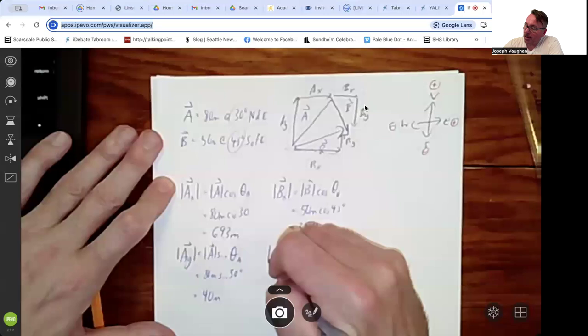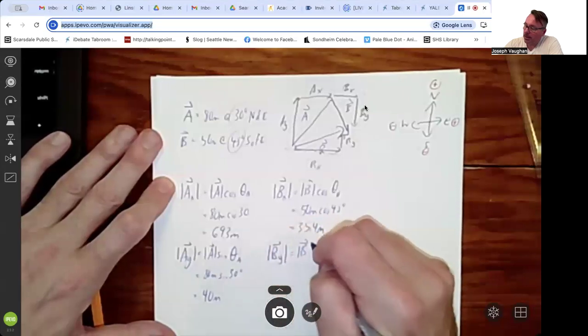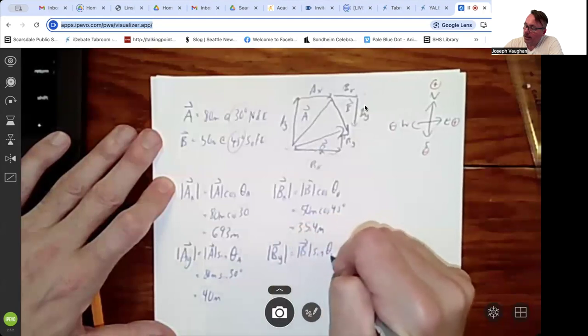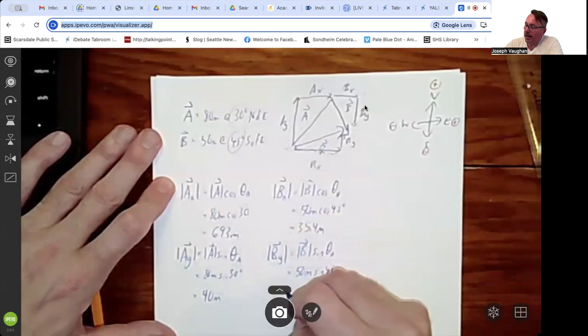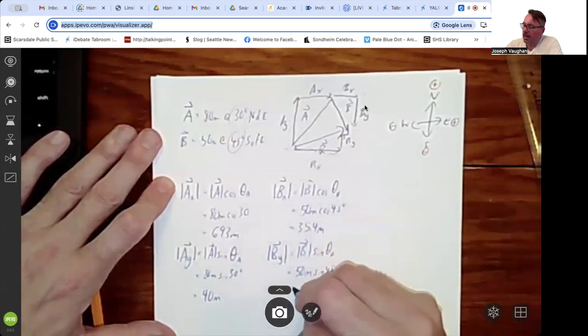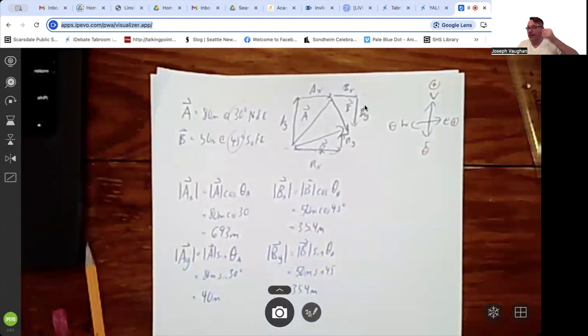Okay, and BY is going to be B sine theta B, or 50 meters sine 45. And I know cosine and sine of 45 are the same, so 35.4 meters. There we go. Notice I just did it. I cranked, right? You should get very comfortable calculating the components of vectors so you can just do it.